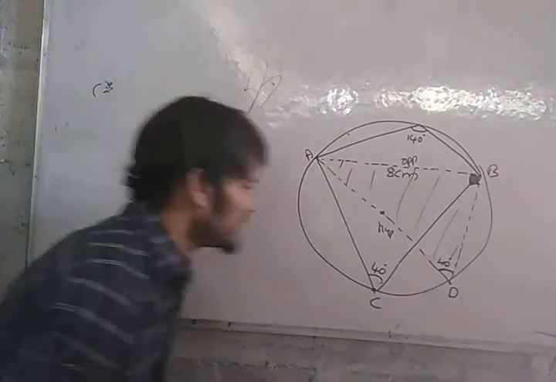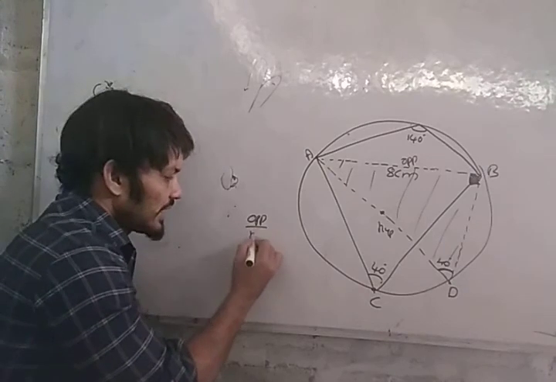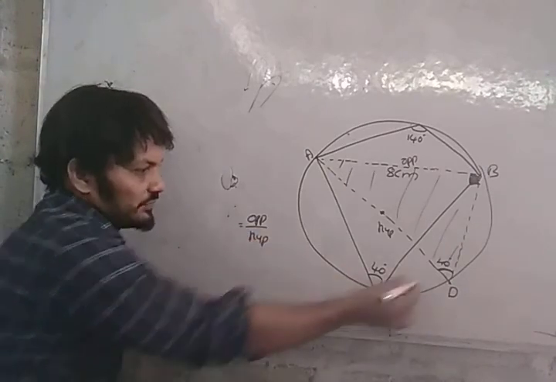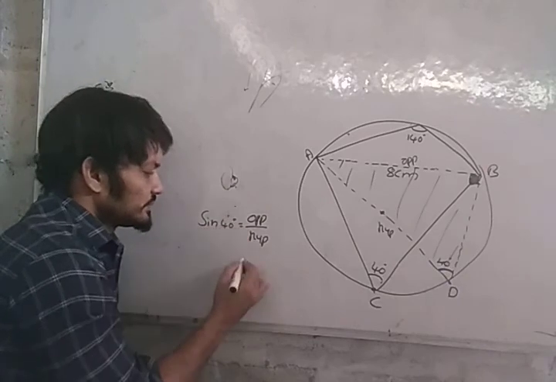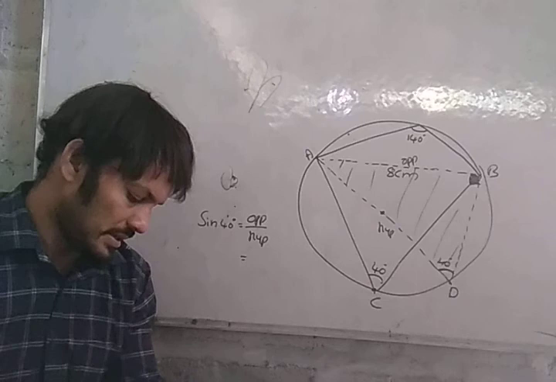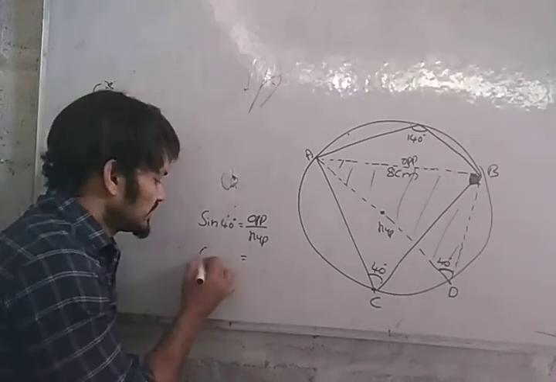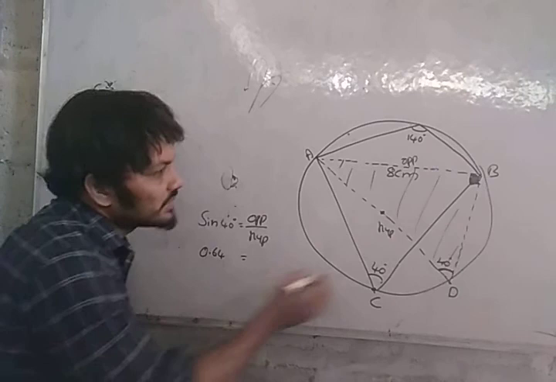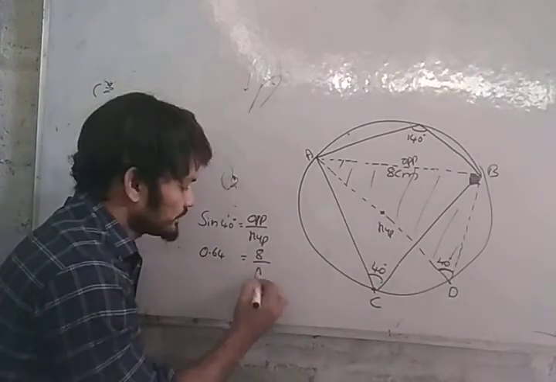So opposite by hypotenuse is sine 40 degree. Sine 40 degree from the textbook table, sine 40 is 0.64. 0.64, opposite 8, hypotenuse AD.